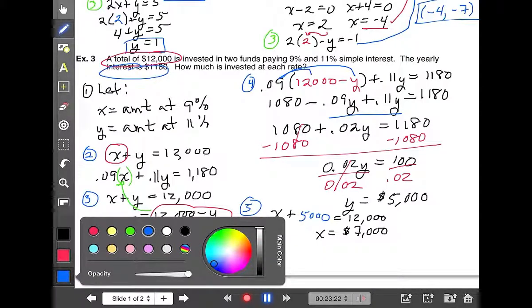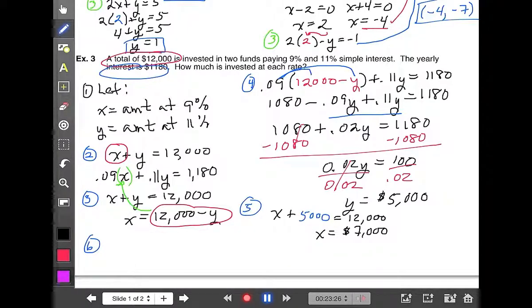And here's why we're going to answer the question as a complete sentence, because you could have set up your x as the 11% versus my x as the 9%. And if you leave that as your answer, that doesn't really answer the question, because I could have had, wait a minute, my x was 5,000. My y was 7,000. So we have to state what we found.